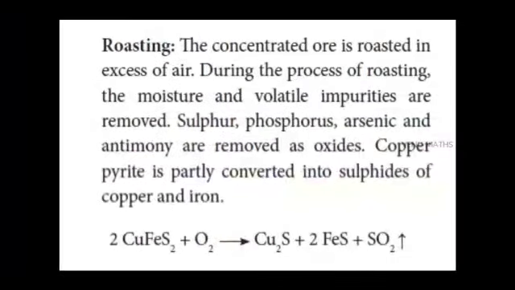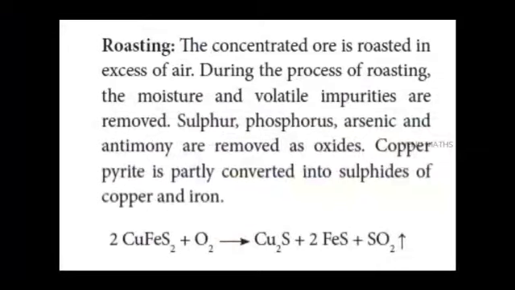Second step is roasting. Roasting is heating the ore in the presence of oxygen, and while heating, the volatile impurities, that is, impurities that can be vaporized, and also the moisture will be removed.